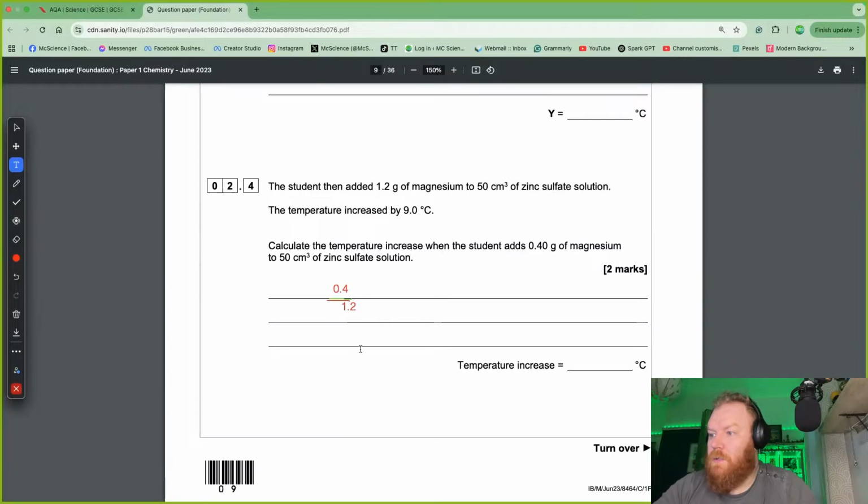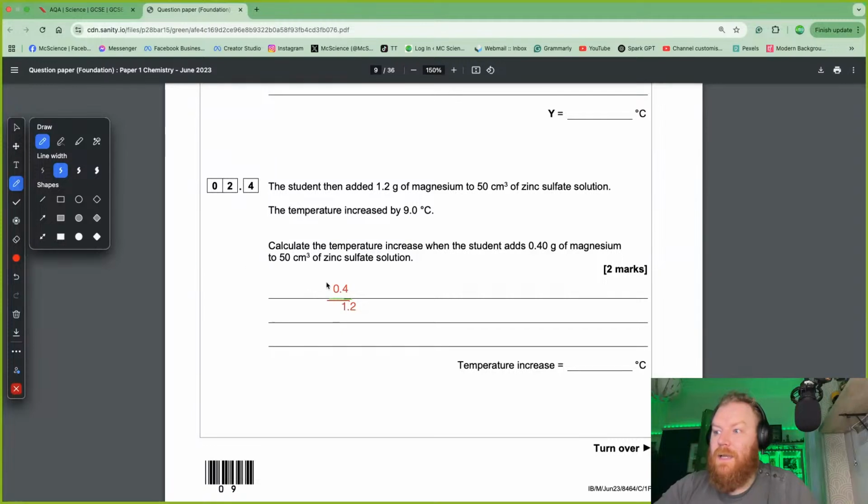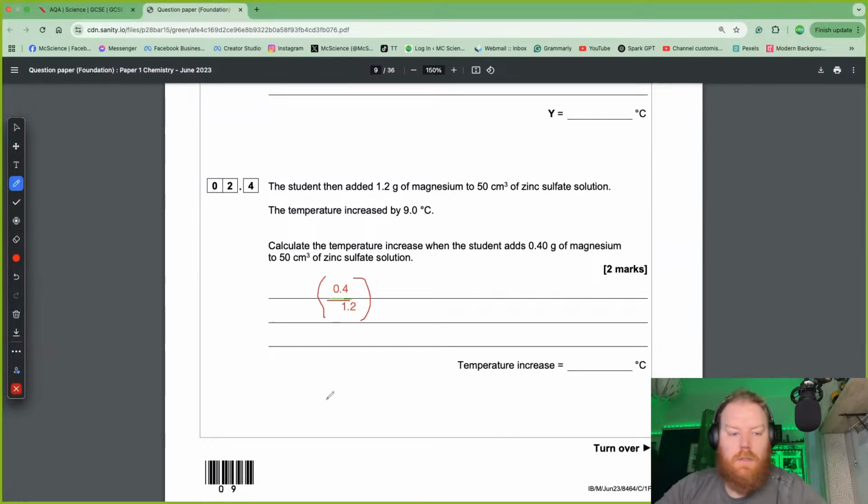Oh my God, I'm just pressing it repeatedly. And whatever your answer is for this, let's put that in brackets. It's not too bad. It's been worse. And we would then times whatever the answer there is by the 9. So this then will give us, there we go, times the 9.0. So that will then give us the following answer of 3 degrees Celsius.